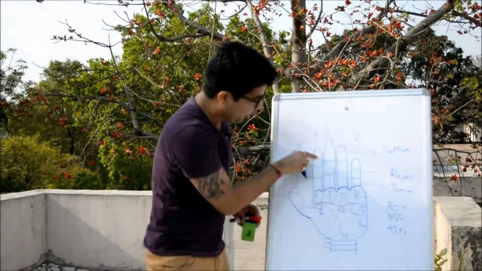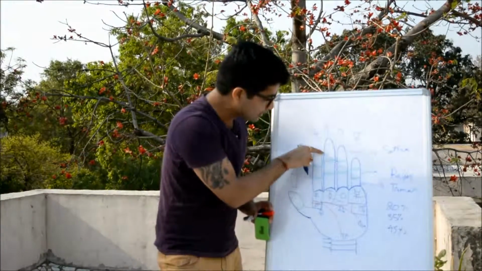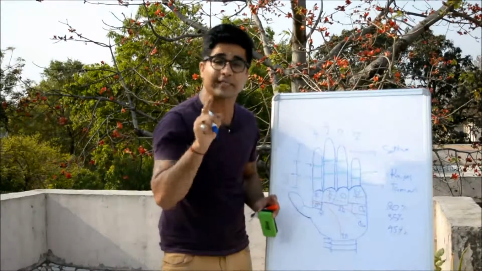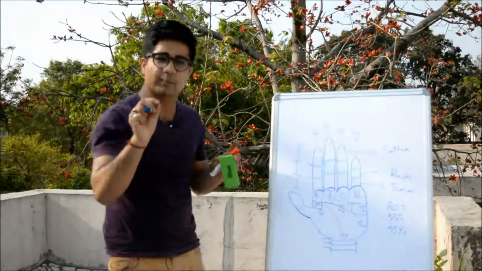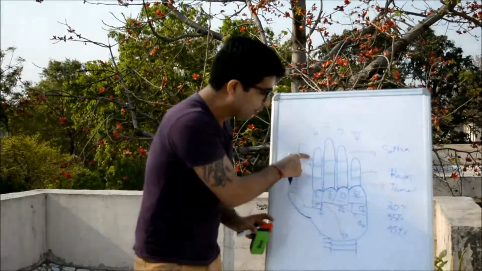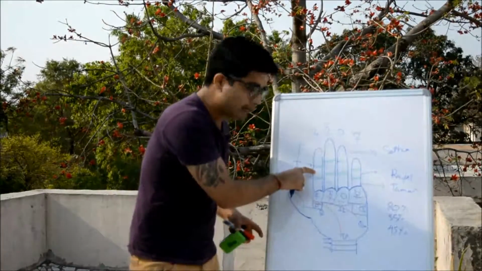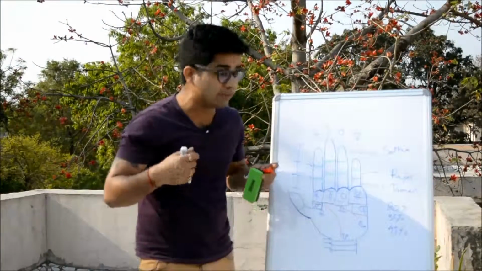If the portion is disproportionate, let's say the top phalange in this finger is disproportionately larger, then this portion will gain more significance in that finger, because every phalange represents different qualities. If we're talking about the index finger, the top phalange represents your leadership qualities and the middle phalange represents your efficiency.